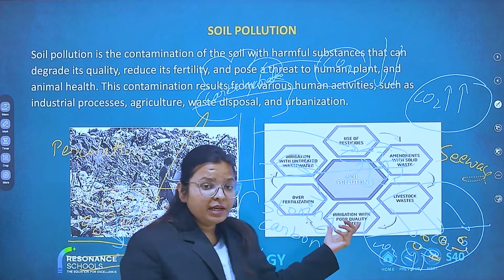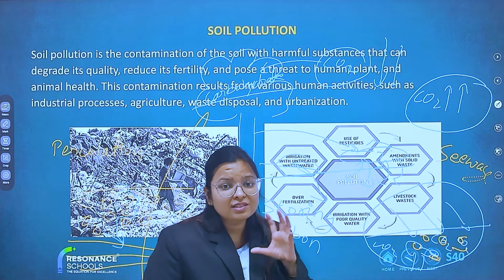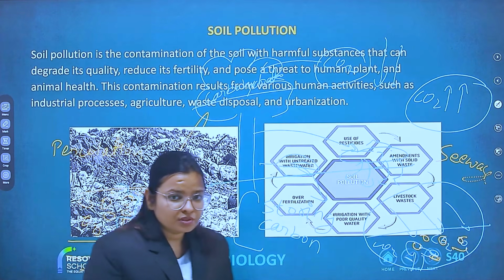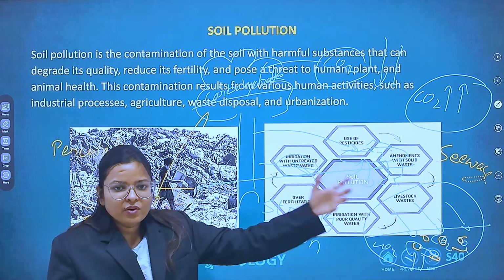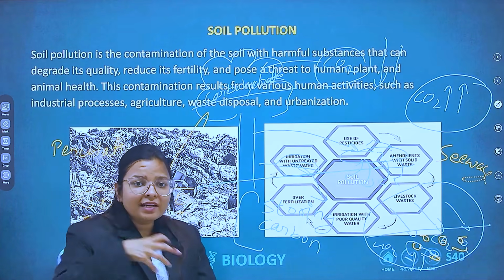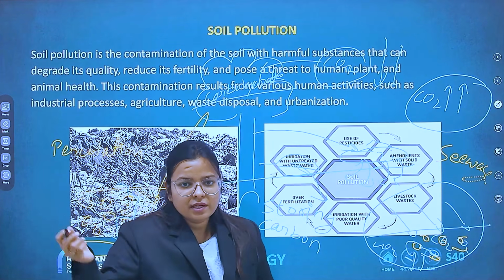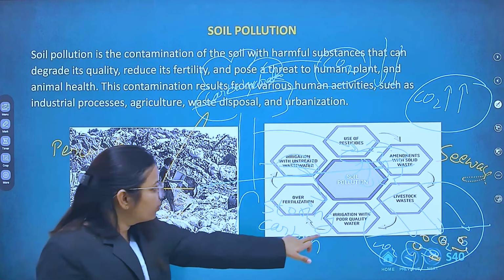And if we irrigate with this water, if we use it on our crops in our farmlands, what will happen? All the impurities will come into the soil. Plants absorb from that soil, so it goes into the plant, and we eat that plant, so it comes inside our body.